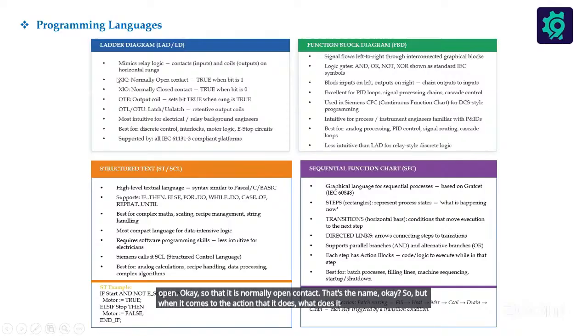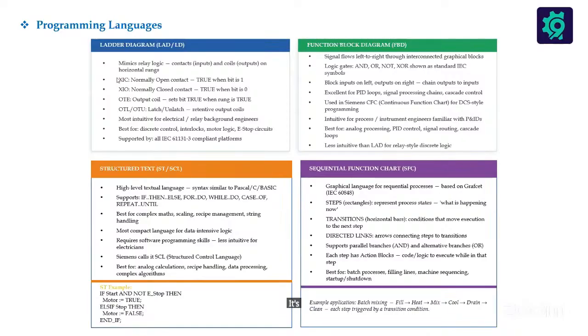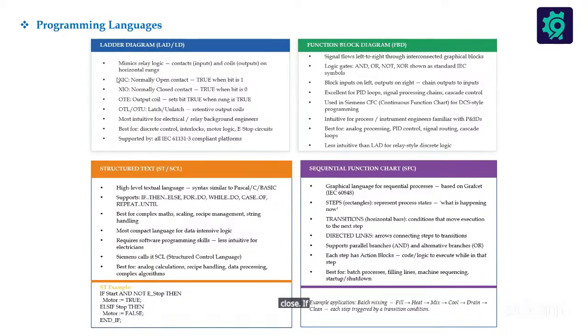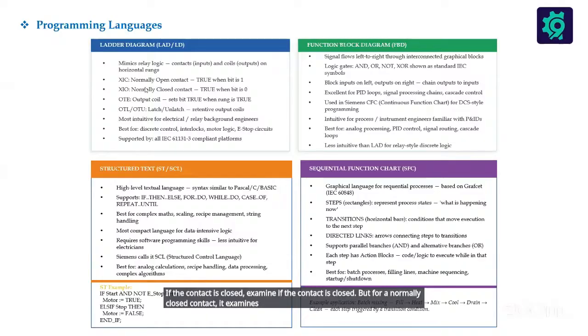It checks for a true state. So it examines if closed. A normally open contact examines if the contact is closed. But a normally closed contact examines if the contact is open.